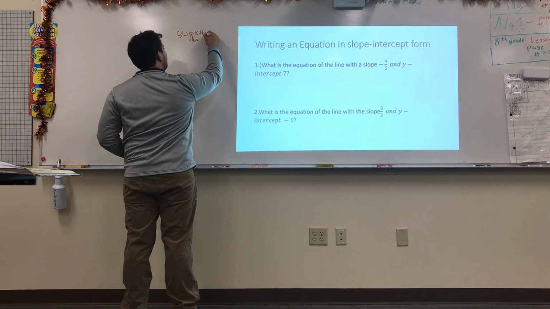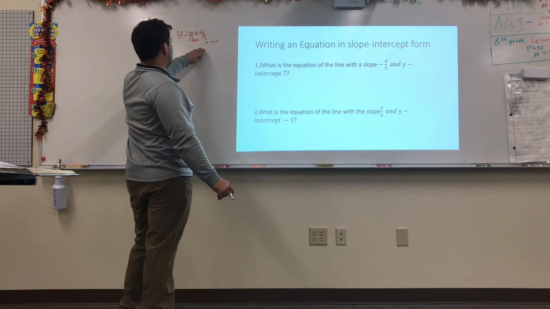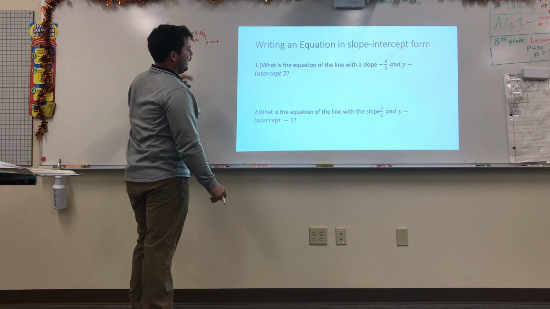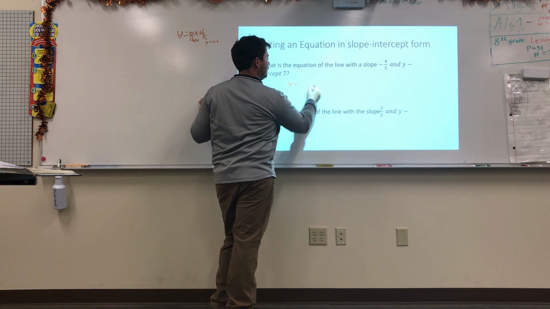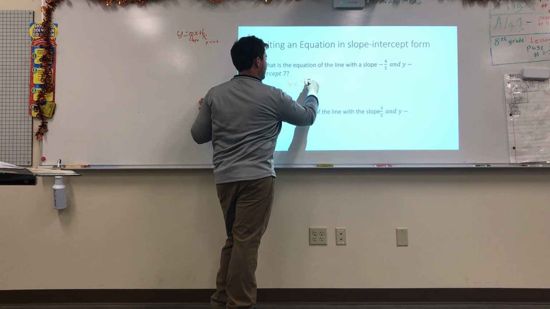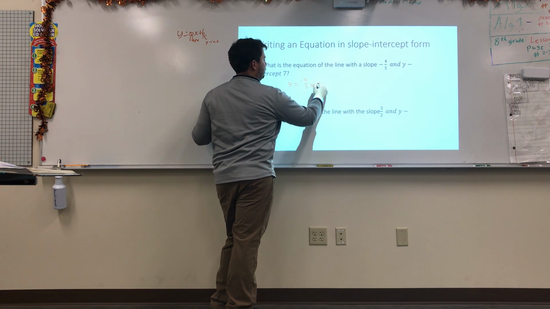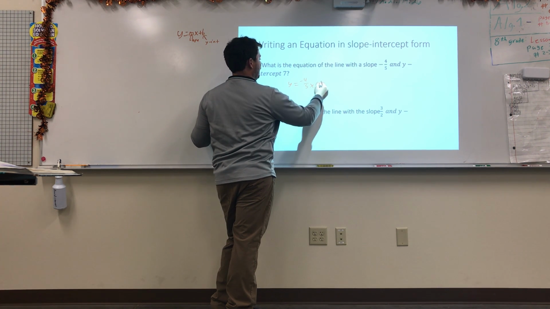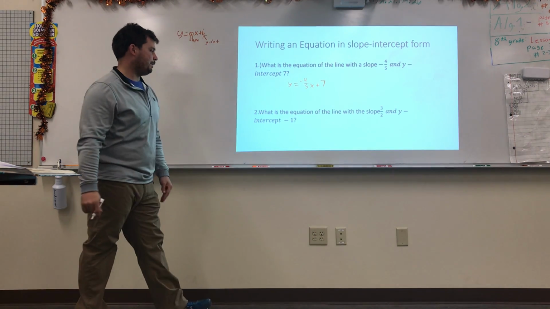This is your y-intercept. So we basically got to sub this in for this. My slope was -4/5, so I sub that in for m. Y equals -4/5 x plus my y-intercept, which is my b, looks like that.